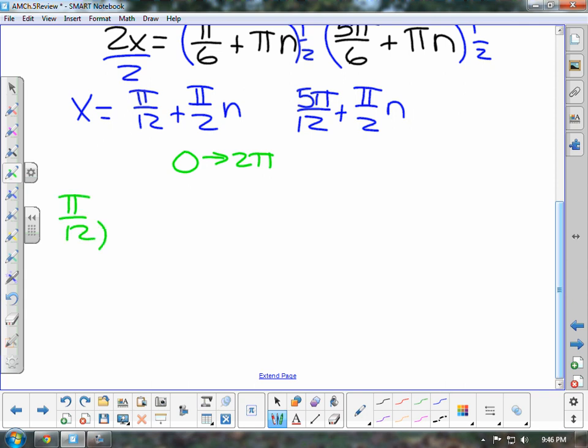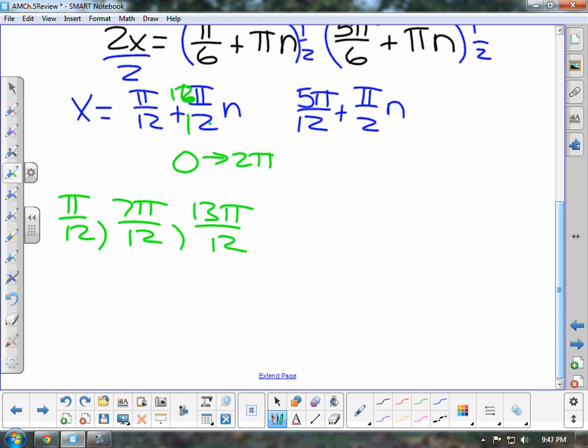The first one would be pi over 12. If you add pi over 2 to pi over 12, that's like saying 6 pi over 12, and that would be 7 pi over 12. And then if you add another 6 pi over 12, which now would be 12 pi over 12, that's going to be 13 pi over 12, which is still less than 2 pi.